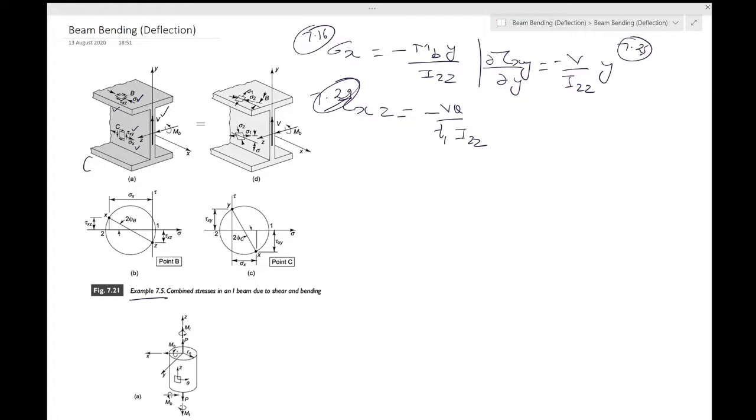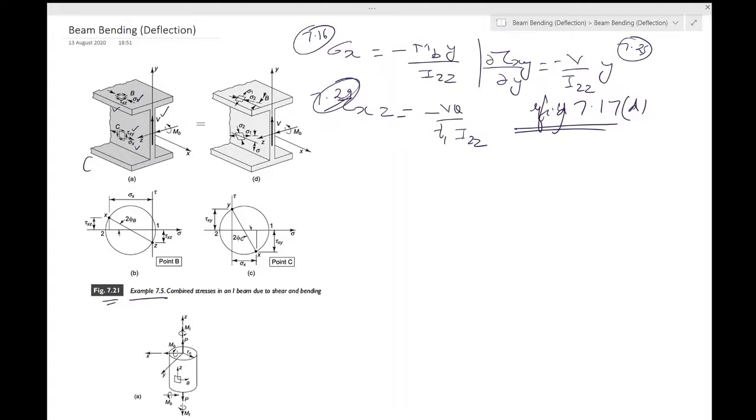If you can check figure 7.17d, you can see the sense of this tau xy and tau xz. Anyways, the same has been shown in this figure 7.21a. So you have the same sense shown over here for all the stresses. Now these stress components are shown in 7.21a.